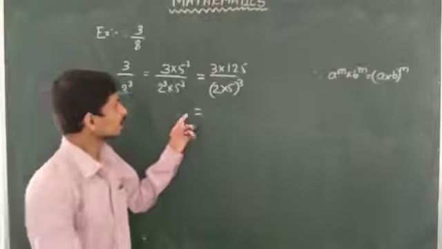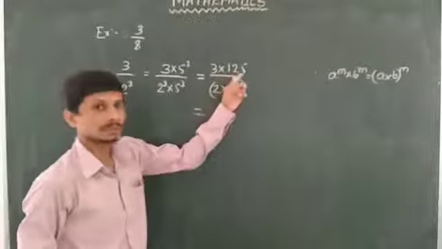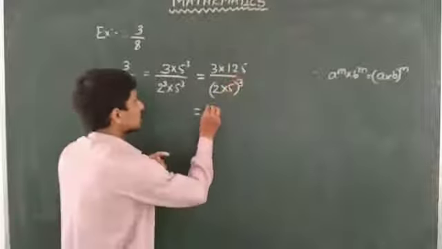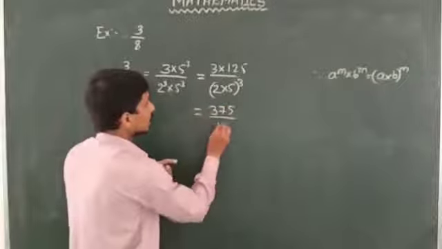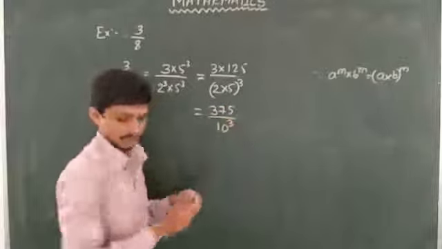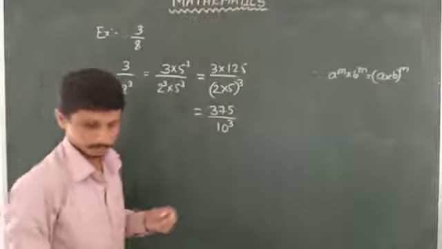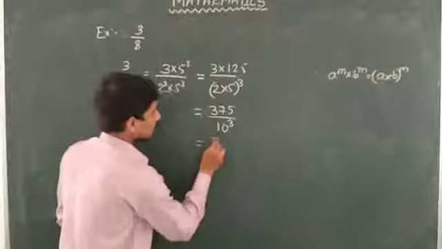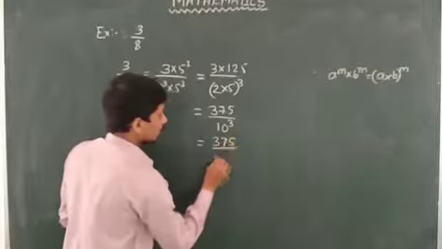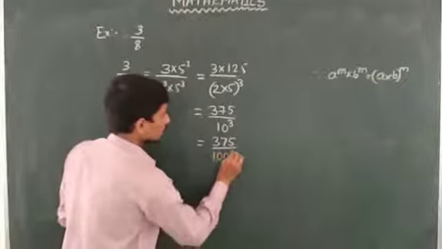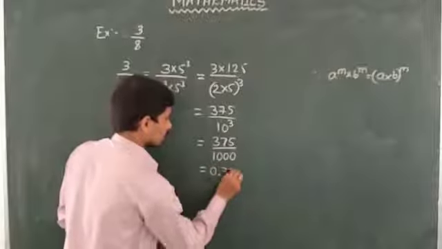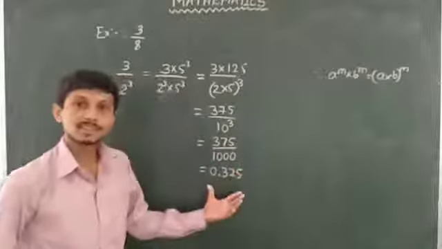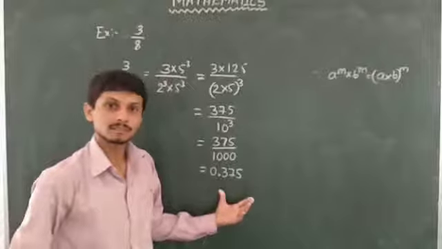So 3 into 125 means 375 divided by 10 raised to 3, so 375 divided by 1000 is equal to 0.375. So that means it's a terminating decimal.